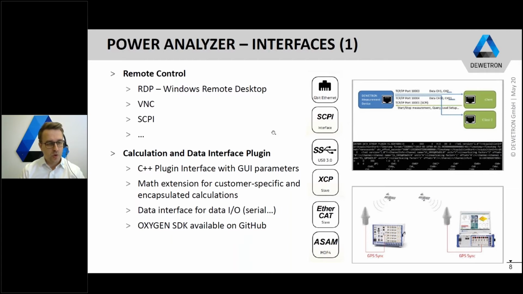What is also important, as I already said before, is that the system is customizable, not only by hardware. We have our hardware modules that can be customized by the customer himself or by the user himself at any given time, but it's also necessary to stay customizable with the software. Therefore, we offer a so-called plugin interface where you can program with C++ a part of a plugin or a plugin itself that fits perfectly for your application.